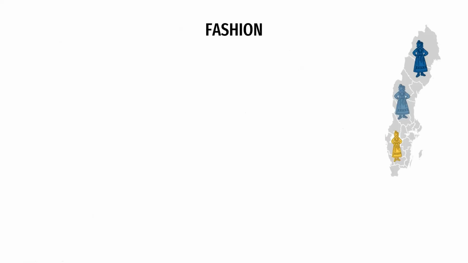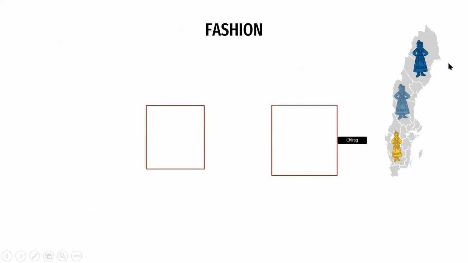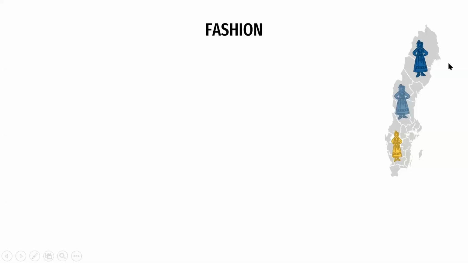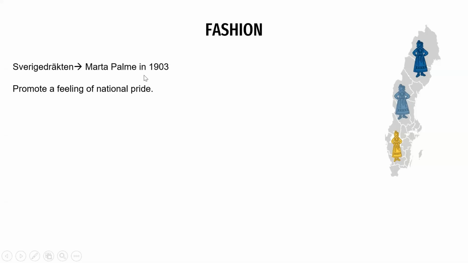So fashion, or dress trend, in Sweden. Each province has a different fashion, but there's one common thing. This is the dress worn by women, which was designed by Marta Palme in 1903. Why did she design the dress?